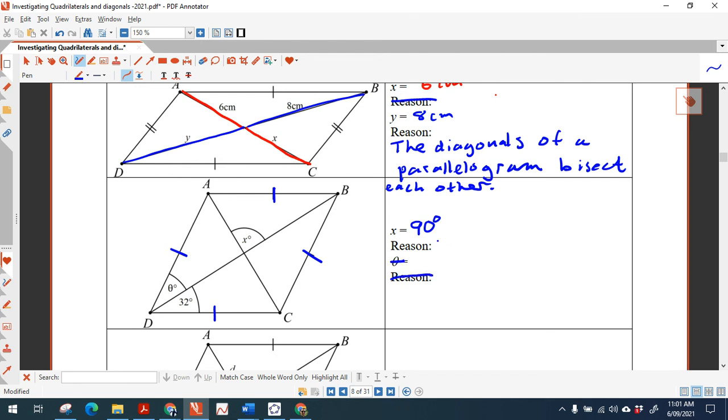Now I've run out of room here, so I'm just going to cross out this little bit here. I'm going to write down the reason as the diagonals of a rhombus meet at right angles.